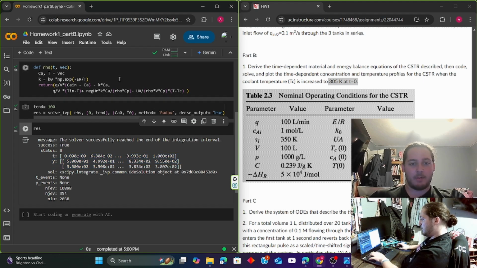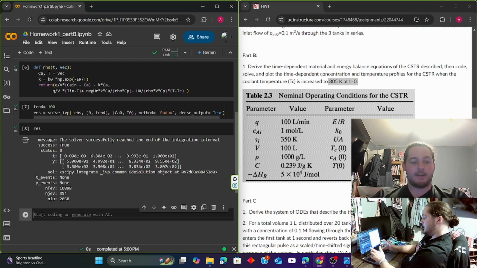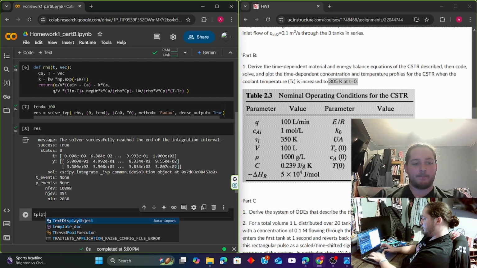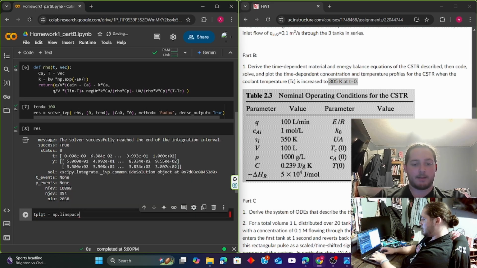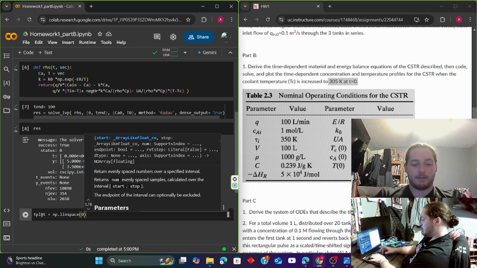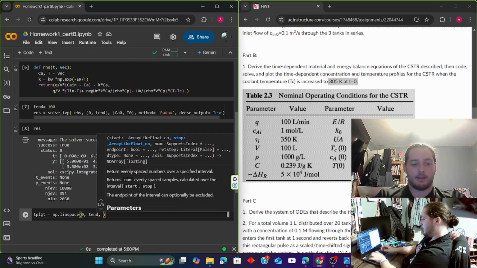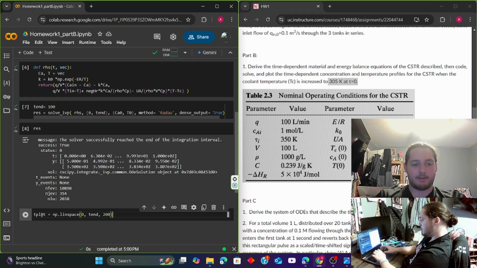So now we want to go ahead and plot these. First, we need to define some of our x values, and we can do that by creating a t_plot equal to np.linspace, 0 to t end, 200, just random numbers.